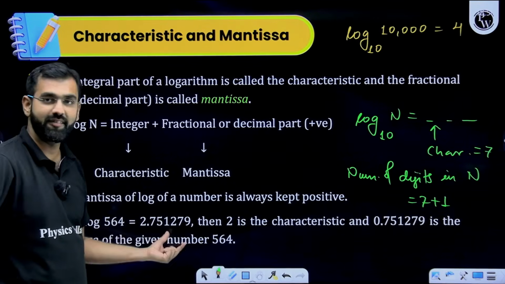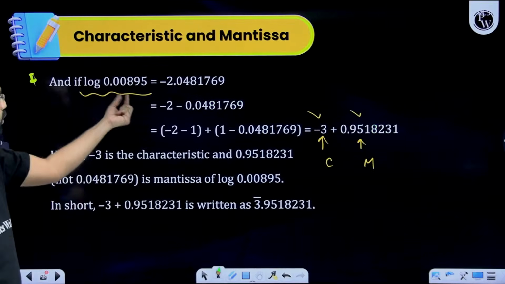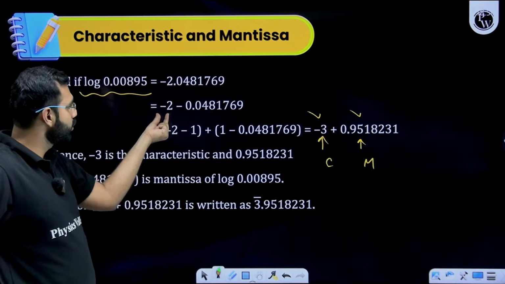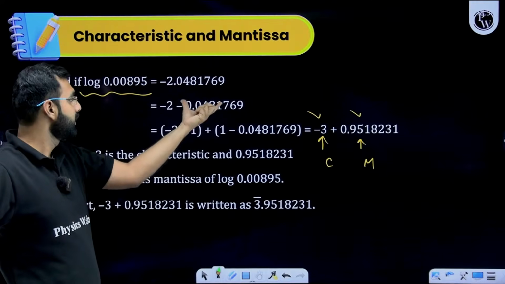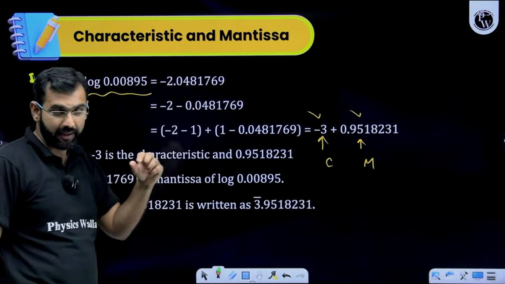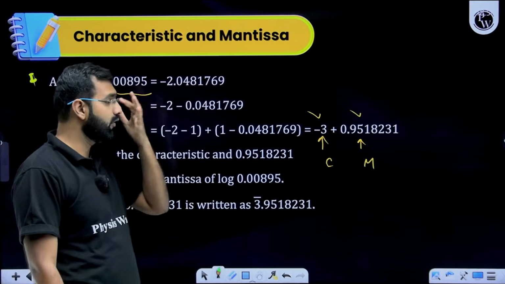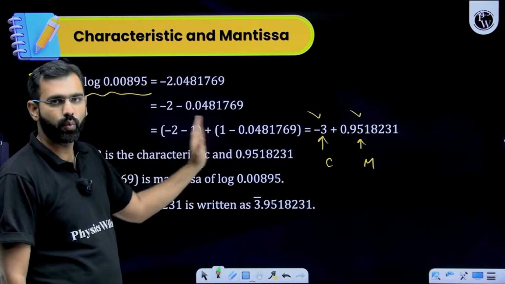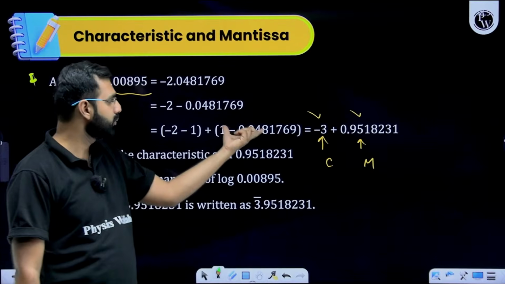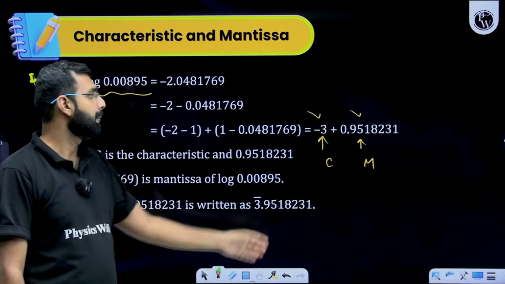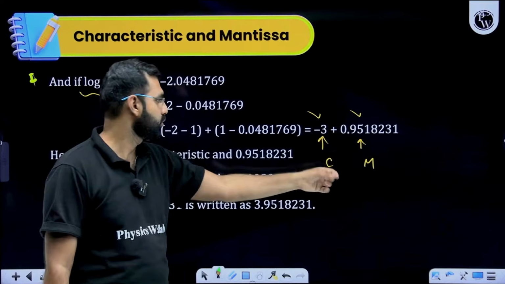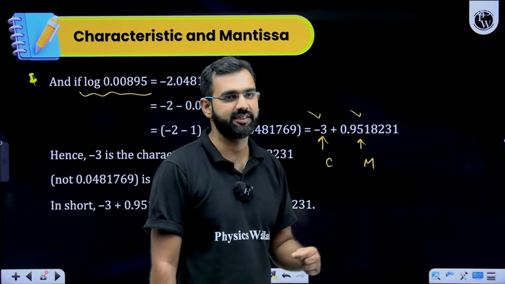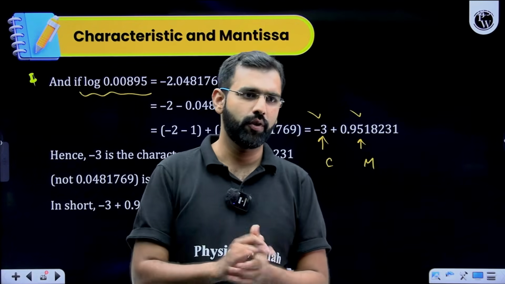But the mantissa can never be negative, which means if there is a number whose log is this, then treating minus 2 as the characteristic and the negative of this as the mantissa is wrong. Mantissa should always be kept positive. So to keep this expression positive, I add and subtract 1 here. With that, this becomes minus 3 and this becomes positive. So minus 3 will be the characteristic and this decimal part will be the mantissa. First of all, did you get clarity on this?